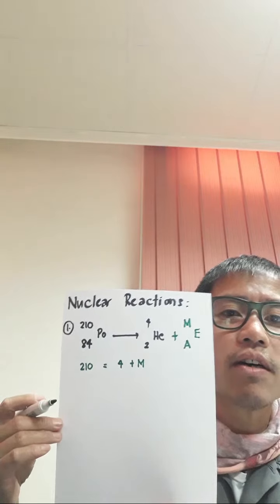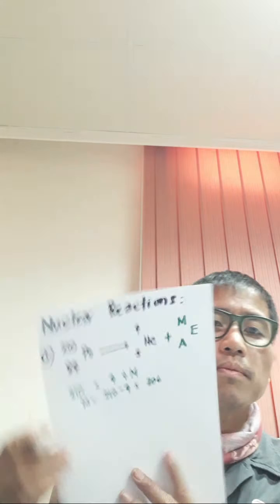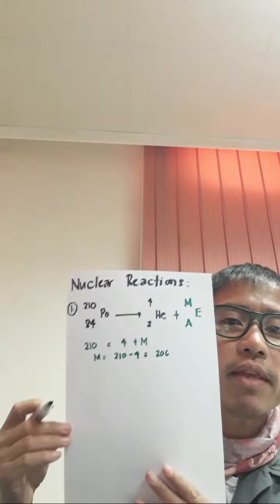The solution: considering the mass numbers first, 210 equals 4 plus M. So for the value of M, 210 minus 4, so M equals 206. Simple mathematics.